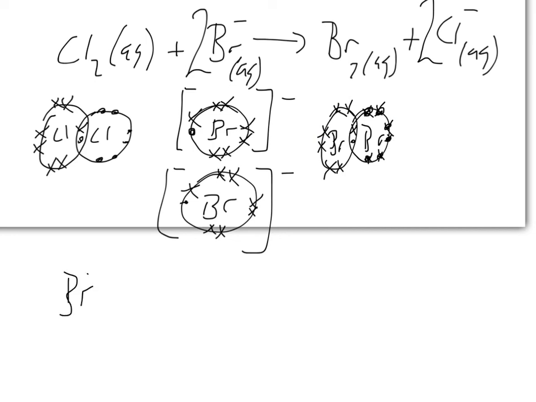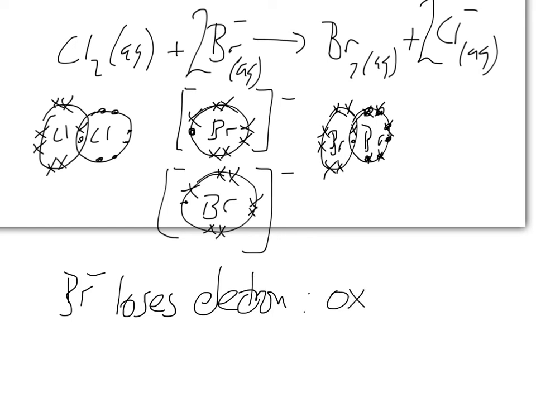Br minus loses an electron, and we say that a reaction where electrons are lost is an oxidation. Okay. Now where have those electrons gone? Well, those electrons, each one has gone to a chlorine. So the chlorine forms chloride.